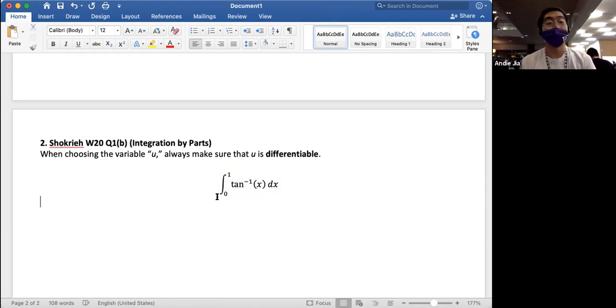So for this one, it is inverse tangent. If you ever see an inverse trig, then set u equal to the inverse trig, because you know the derivative of the inverse trig, right? That would be a lot easier.